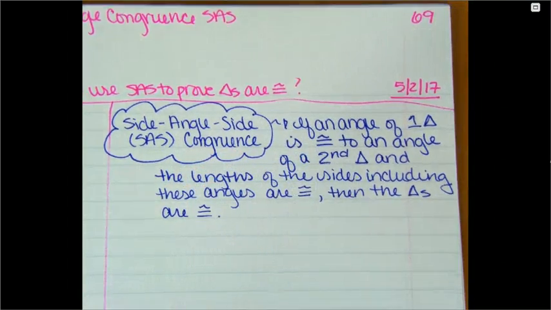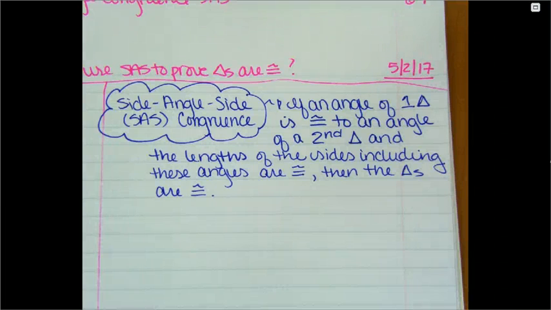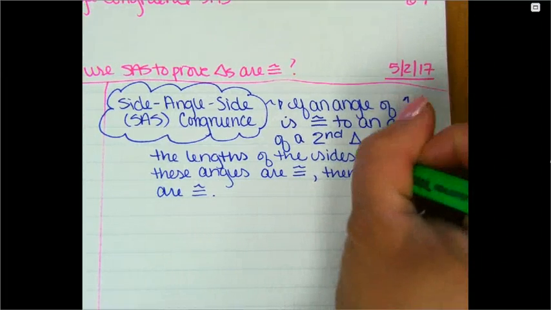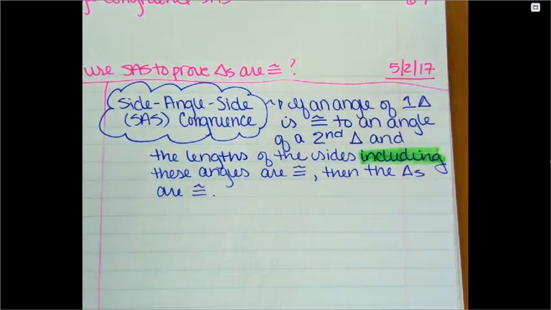And I'll draw a picture in a second to make sense of it. So it says, if an angle of one triangle is congruent to an angle of a second triangle, and the lengths of its sides, including these angles, are congruent, then the triangles are congruent. I'm going to underline the word including, and I'm going to define it.